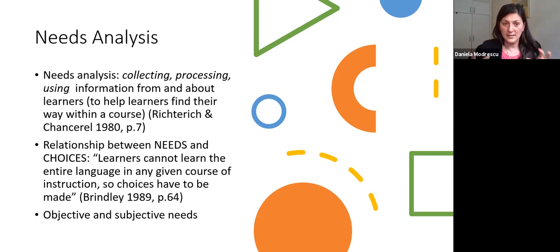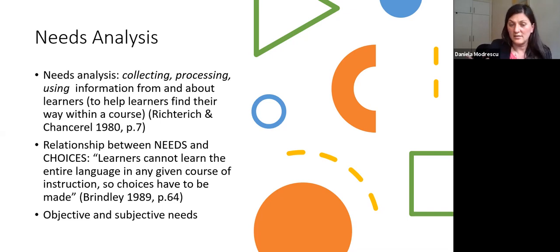And as I said, regarding the relation between needs and choices, we need to make choices for them. And they can be objective. Objective needs are where you establish the level, the current knowledge of the person regarding the language, maybe by eliciting a written text and then analyzing that text.